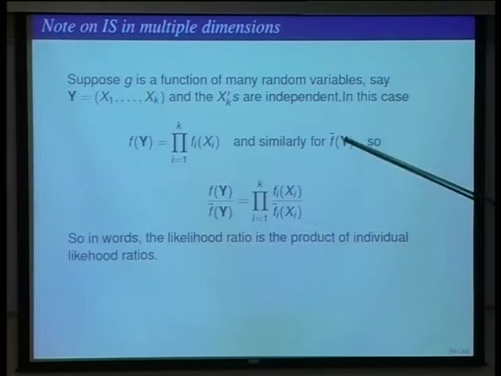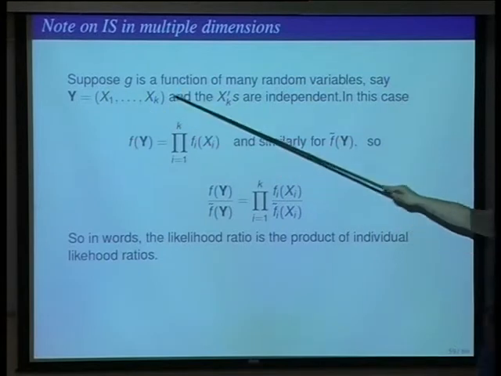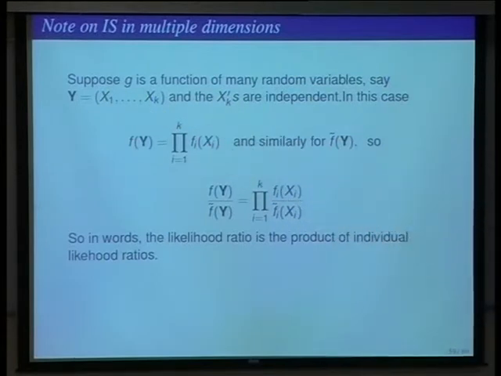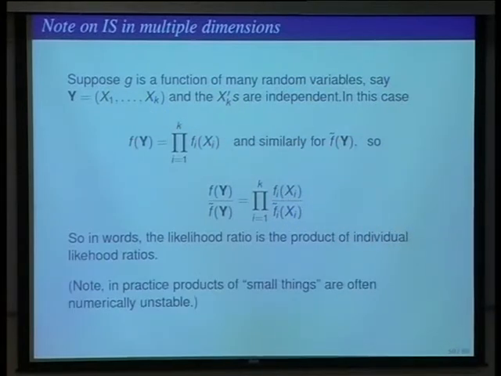The same for F tilde. So our likelihood ratio, when we're in this multi-dimensional case, is just a product of likelihood ratios for each of the individual samples, x1 through xk. And just a warning, in practice, these likelihood ratios can be very small, and it's often not a good idea to multiply a bunch of very small things together.